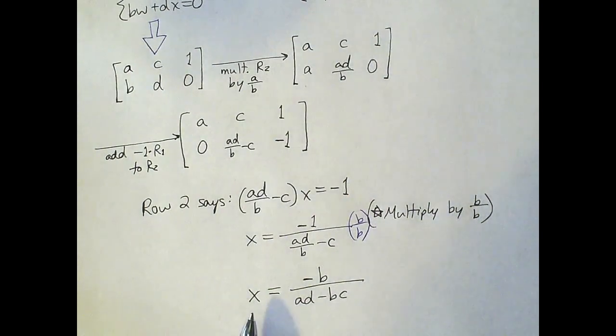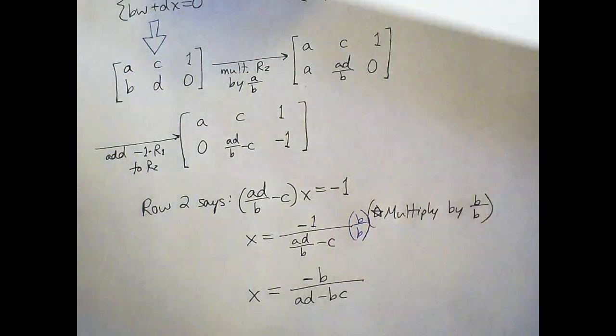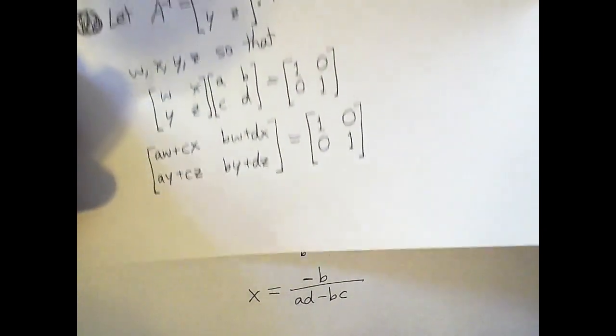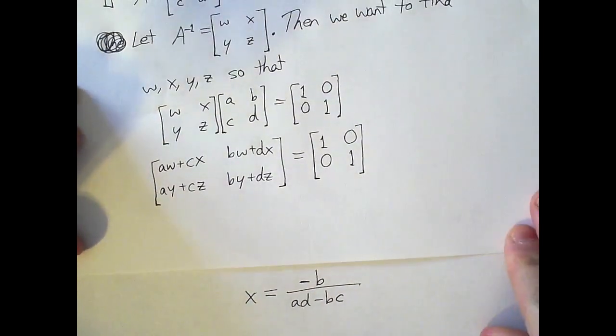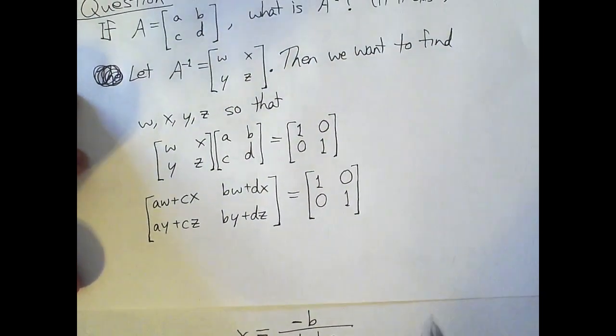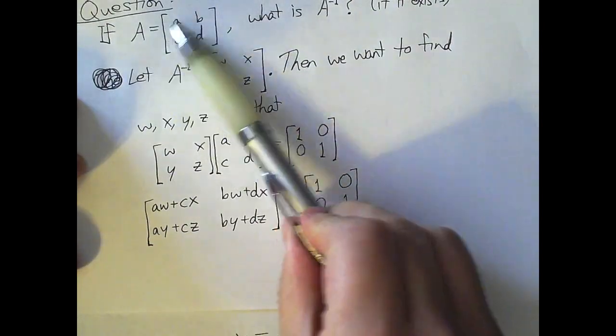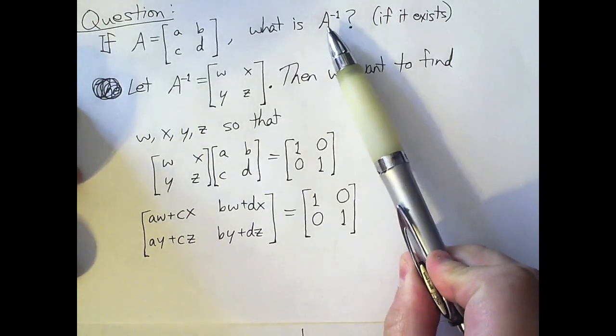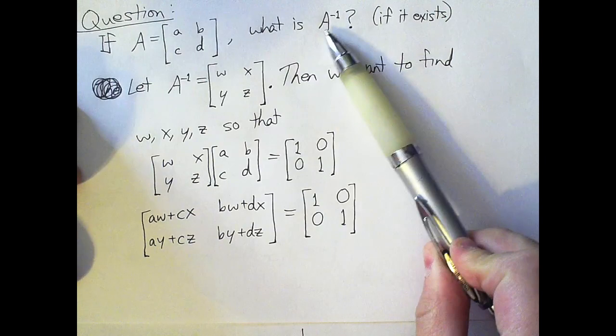Well, we kind of did part of what we were looking for. I'm going to remind you, what are we working towards here? Let's remember how this conversation started. We're given a matrix A, B, C, D. We want to find a formula or a set of formulas for A inverse.